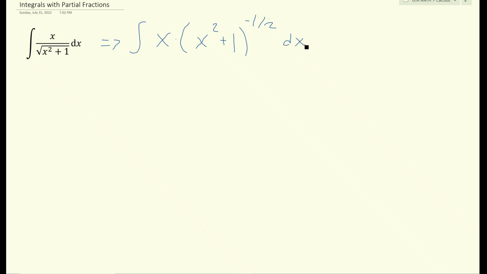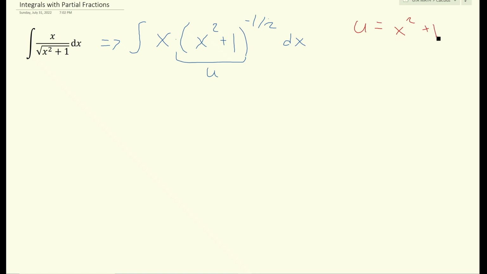So since we have a degree of x squared inside of this negative exponent, we have to make sure that in order to integrate, all of this is in terms of x. So what we're gonna do is u substitute this portion of the function. So we're gonna say u equals x squared plus 1.